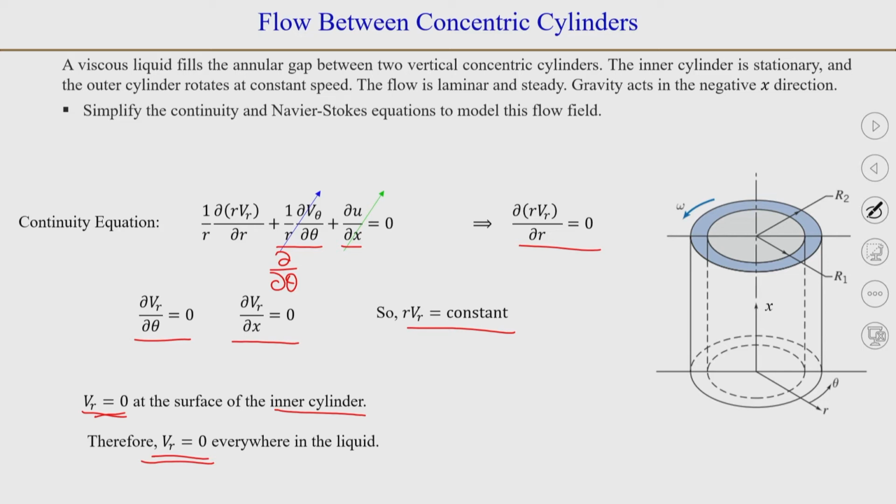So, that means v_r is equal to 0. We had that the axial component of velocity, which is u, is equal to 0, and v_r is equal to 0.